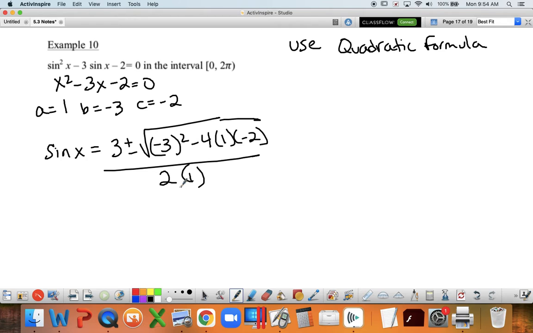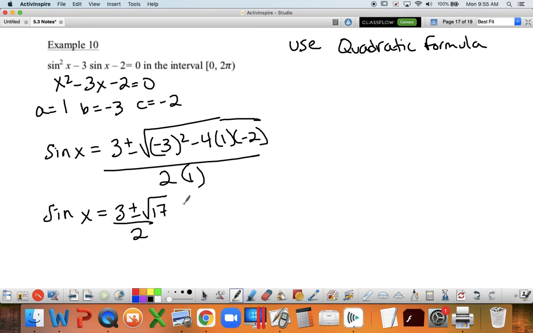There we go. So instead of x equaling opposite b, it's sine of x equals opposite b plus or minus the square root. Okay, so we do this out. We get the sine of x is equal to 3 plus or minus the square root of 17 all over 2.